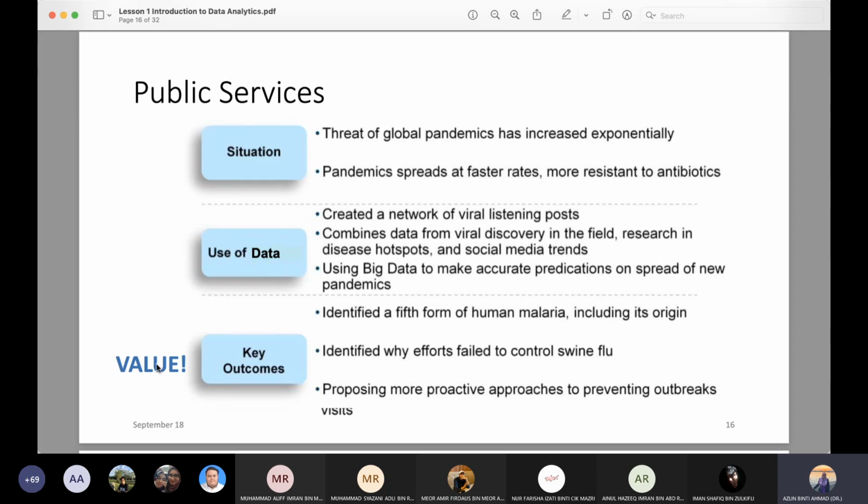Okay, and then the action, for example kat sini kita boleh identify the fifth form of human malaria and then identify why effort failed to control swine flu and then propose more proactive approaches. So the government can suggest preventive action, okay, untuk control the situation.